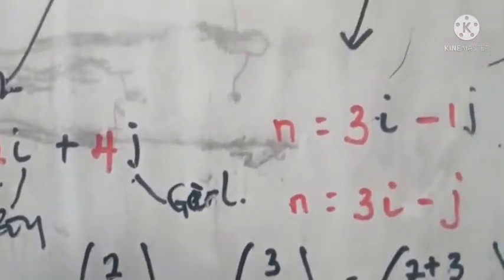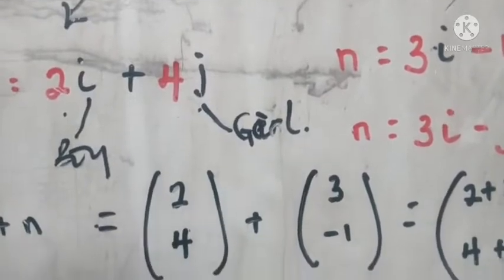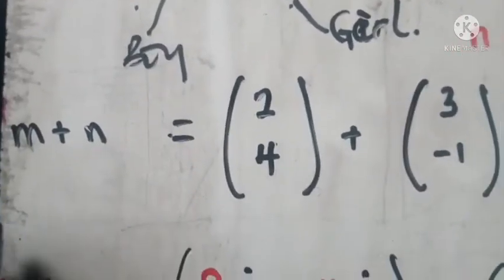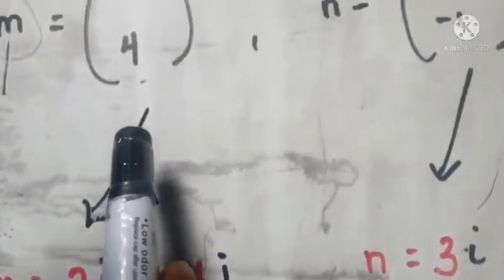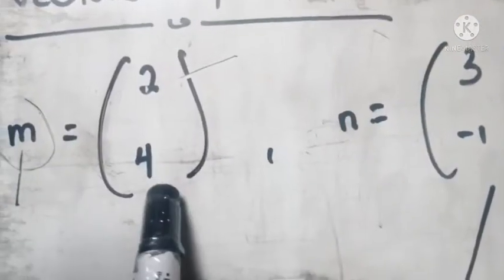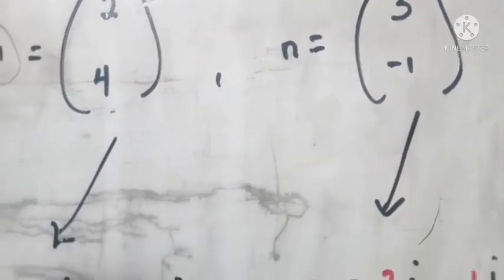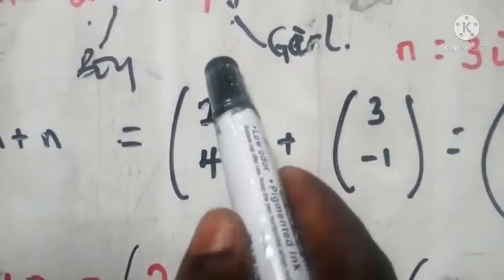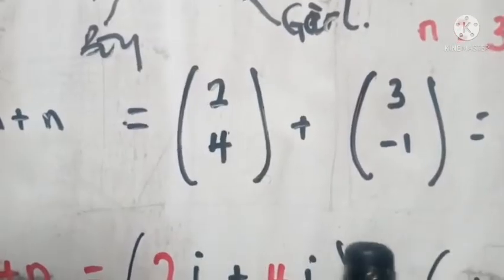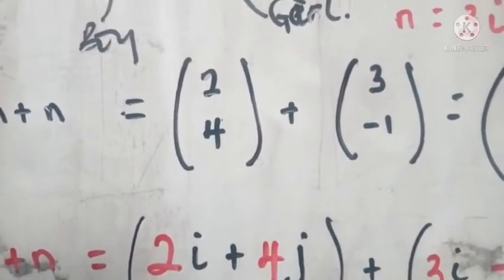Once you know that this is a dollar or an euro, you must know how to add and subtract them. Assuming you want to combine these two vectors, first let's deal with this one. You want to combine this and this by addition. Since there are two different things, a boy and a girl, you have to make sure you are adding them separately.